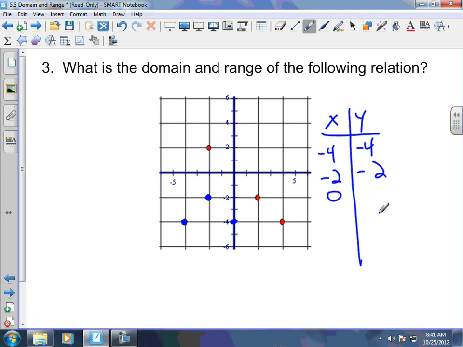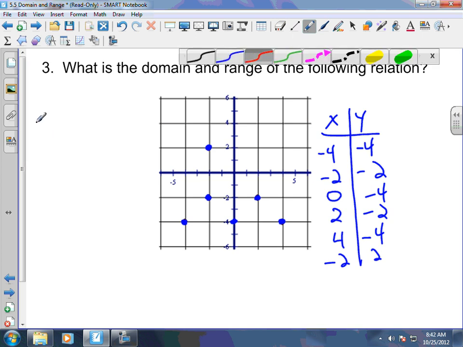It's at 0 on the X, -4 on the Y. Then we have this point. It's at 2 on the X, -2 on the Y. This point is 4 on the X, -4 on the Y. And we have this point here, -2 on the X, 2 on the Y. When you do your XY table, order doesn't matter. Okay?